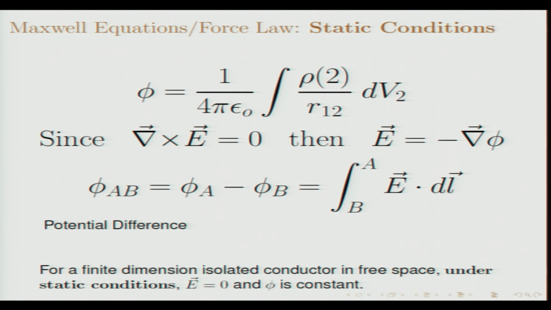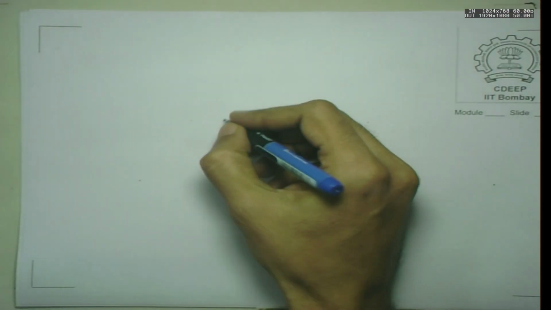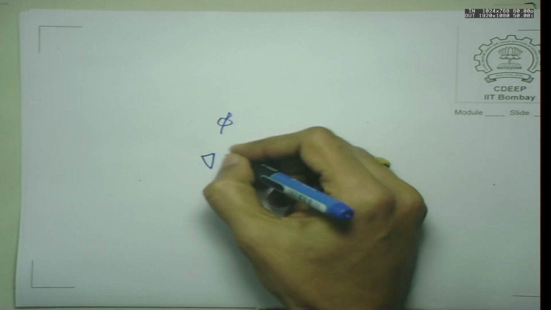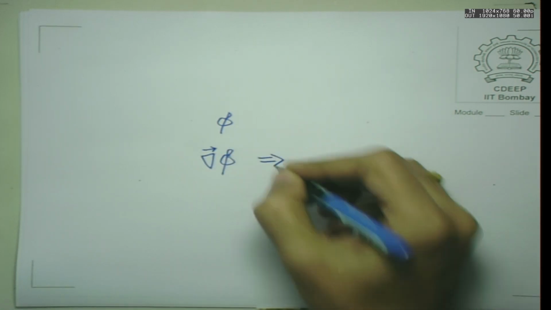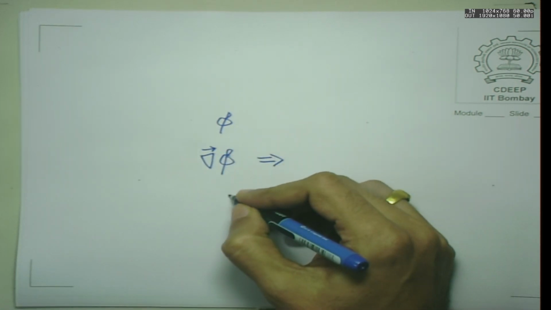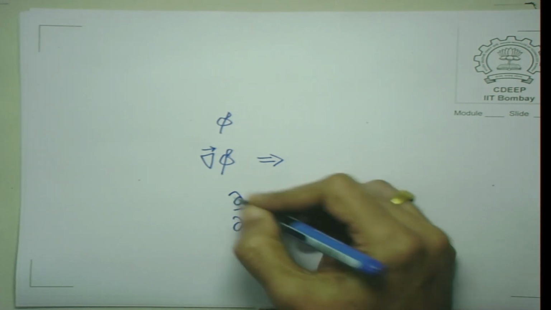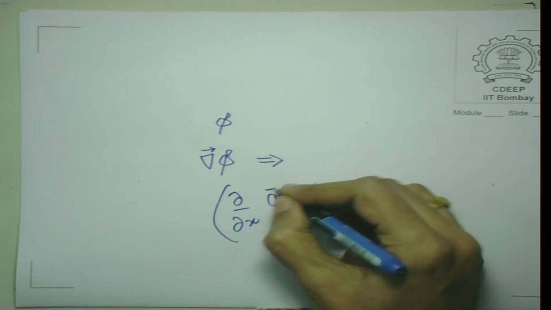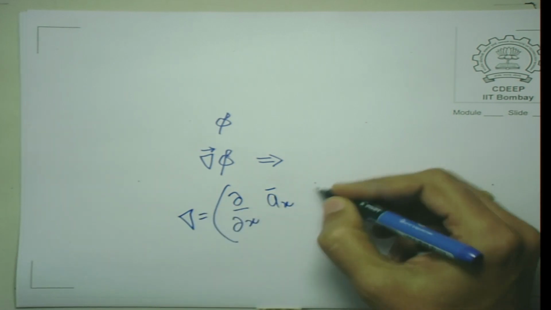Gradient is simply the product of the del operator acting on phi. So, if you have got phi, then the gradient of phi is nothing but d by dx, and so on.